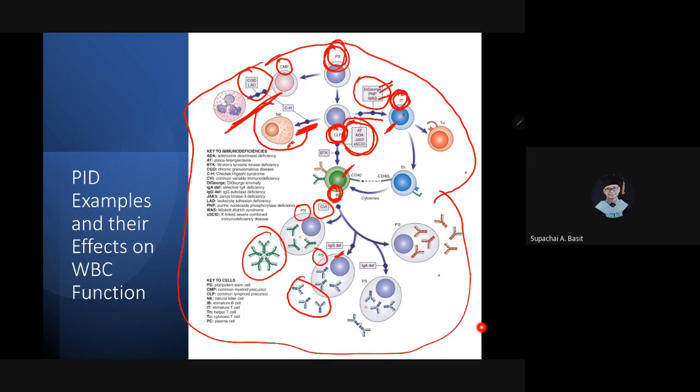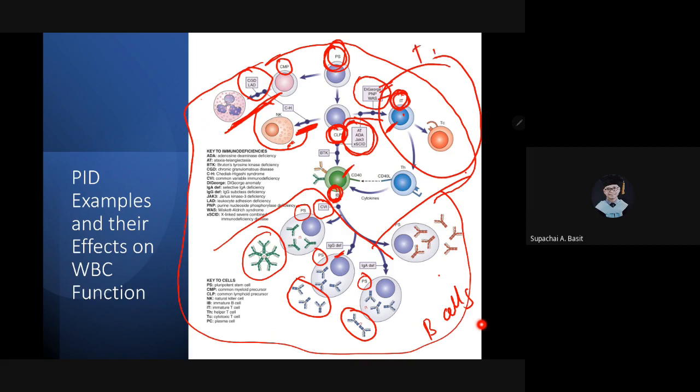Not only that, if you have problems again with the pluripotential stem cell, you can even get IgA deficiencies. So guys, from this part up to this part, these are exclusively B cell deficiencies. This part, these are exclusively T cell deficiencies. So imagine, if you have problems with pluripotential stem cells, you can get several kinds of immunoglobulin deficiencies. Primarily speaking, you will not be able to produce enough antibodies.